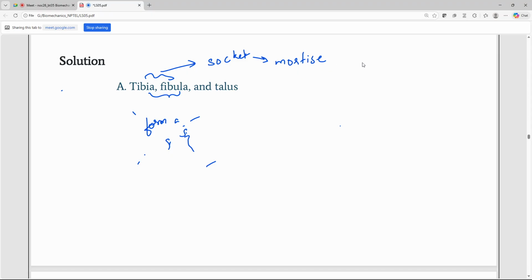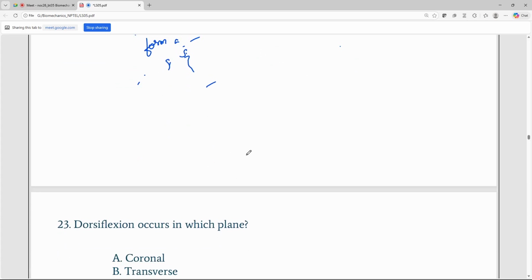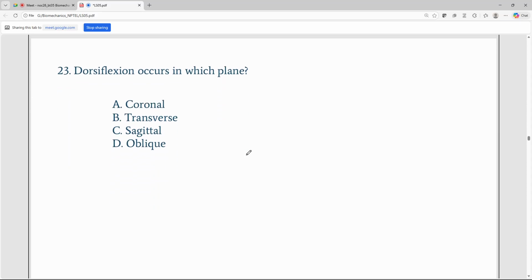And this particular socket formed by tibia and fibula holds the talus. That's how three bones are articulating in one joint. Next question.